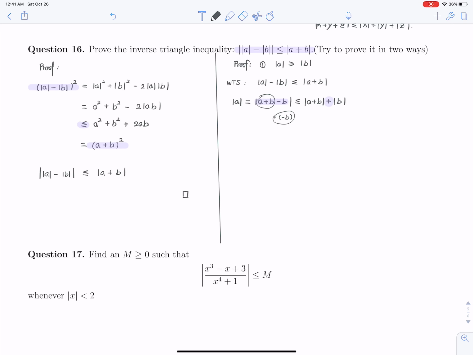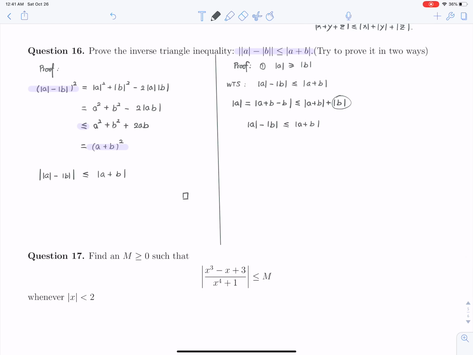Alright? Anyway, I'm going to erase this. Now, if you move this term to the other side, you'll get the absolute value of A minus the absolute value of B is smaller than or equal to the absolute value of A plus B, which is exactly what we need to show.